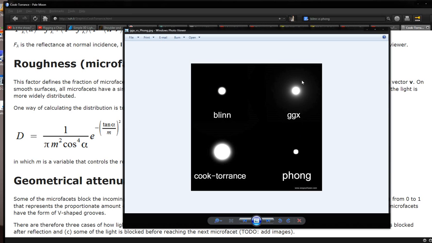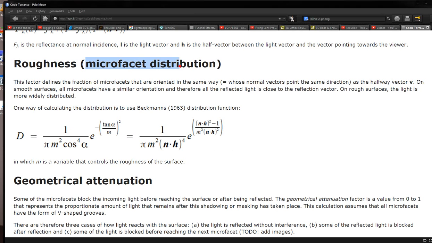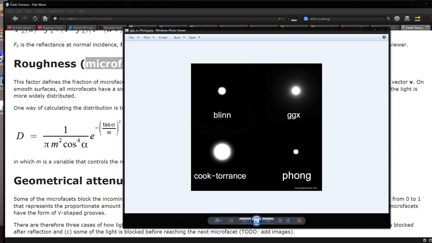So the reason why we have Phong, Blinn, and GGX all up here is because there is an implicit distribution function built into Blinn and Phong. So technically they are a microfacet distribution function, but they're also a lighting model at the same time.